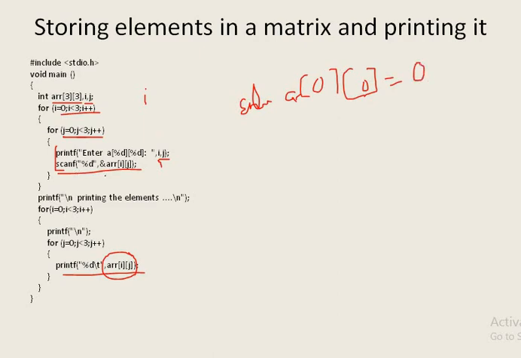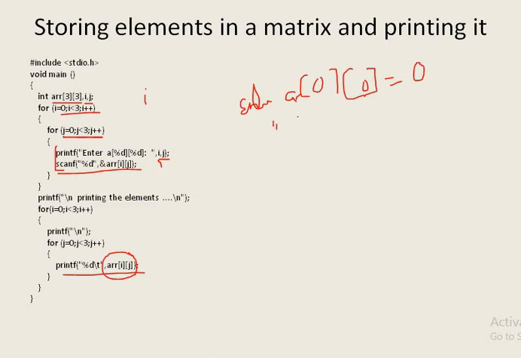Now the inner for loop will be incrementing the value of j by 1. Now j becomes 1. If j becomes 1, the condition j less than 3 is again true. Then this loop will execute for the second time, and you can print the value.